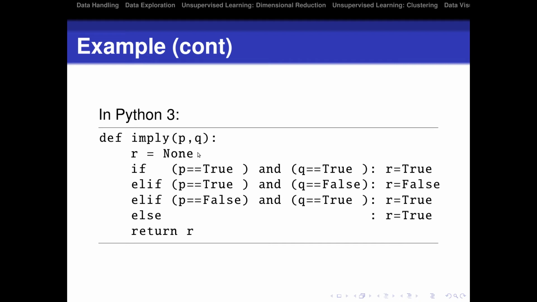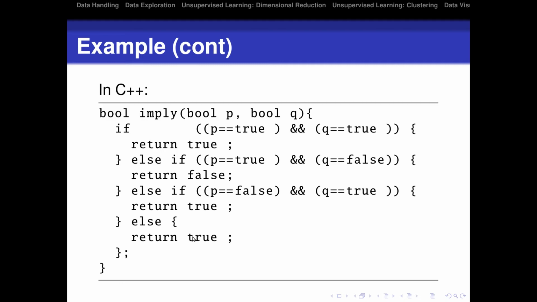What one needs to know about Python is that it's a bit different from R: we need to return the values. So after matching, we assign the values to r, maybe I should call it y, but never mind. Once it's assigned, finally we can return the value.